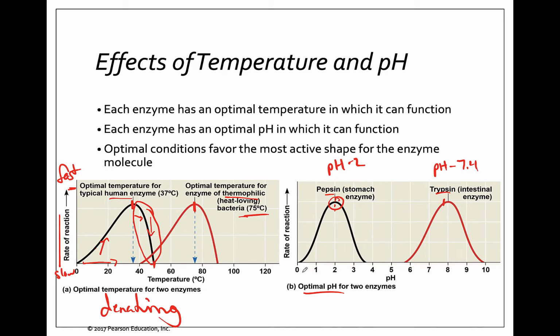So notice as we increase pH, the reaction rate goes up and then it comes back down. Over here, as we increase pH, the reaction rate goes up and then it comes back down. It reaches an optimum. Over here, we get denatured, and then it's going to eventually come all the way back down. So the enzymes in your stomach, when they get into your intestines, do not function. They get denatured and they don't work anymore.